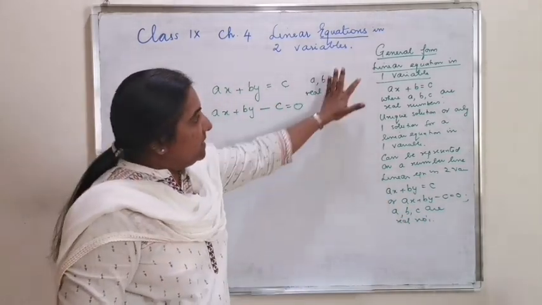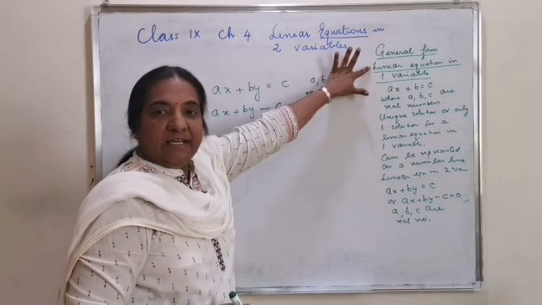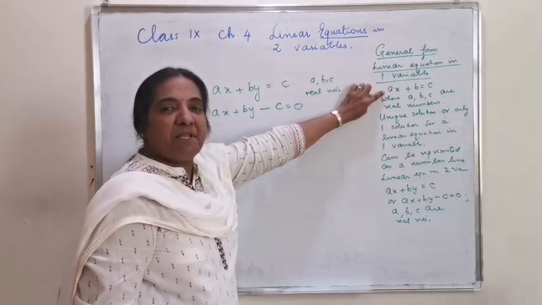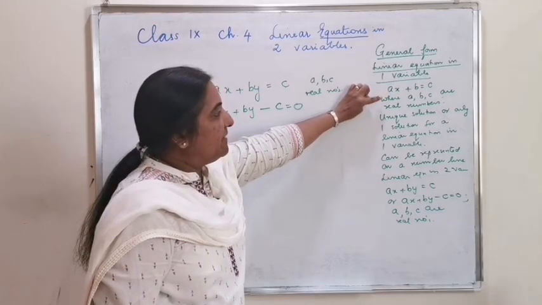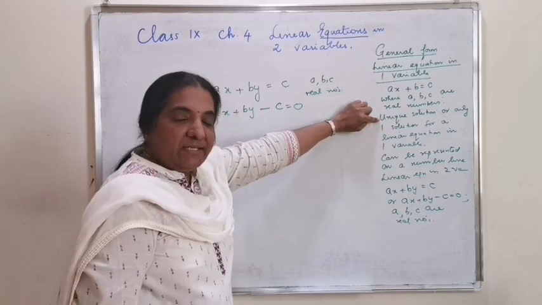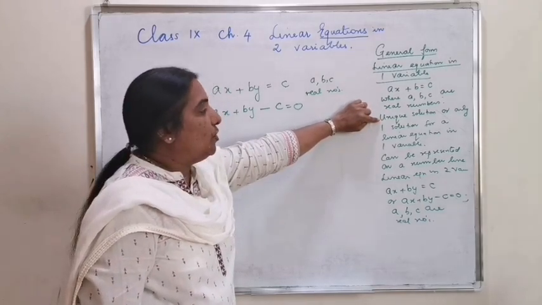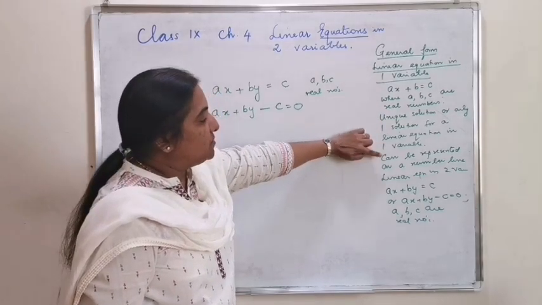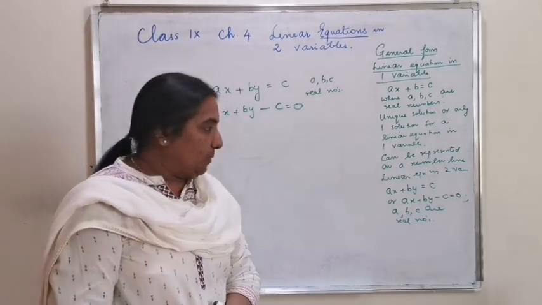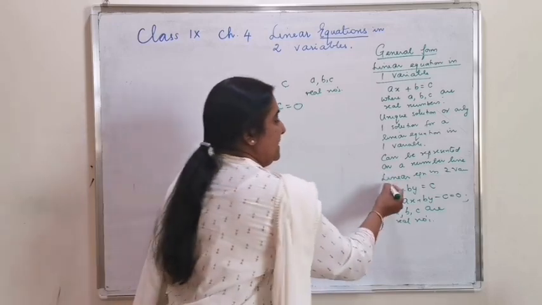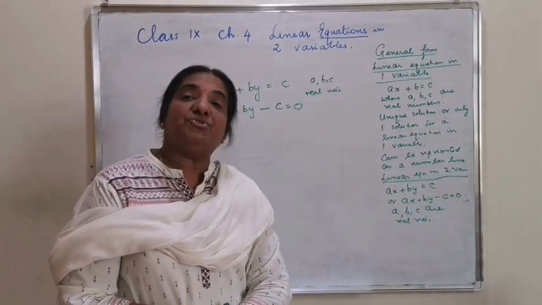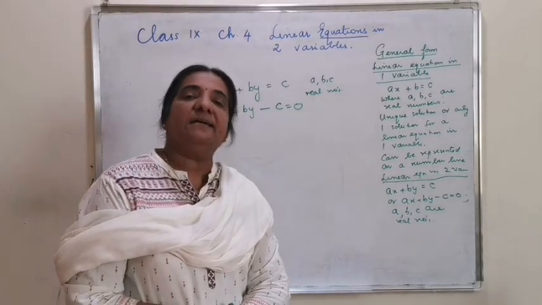Taking a linear equation in 1 variable, the general form is ax plus b is equal to c. When you check, it has only one unique solution, and that solution can be represented on a number line.